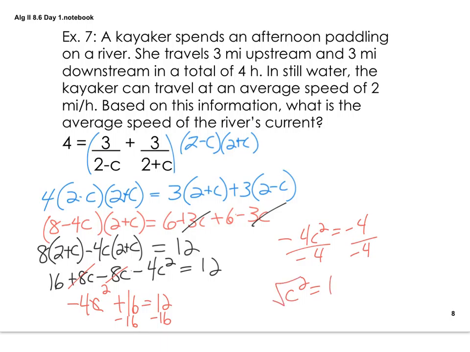Well, if I take the square root of both sides, I would get that c is equal to plus or minus 1, and you're really not going to have a river current that is minus 1, and so, folks, the current of our river is 1 mile per hour.